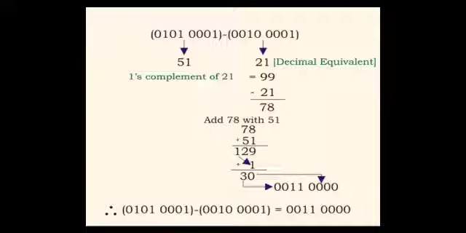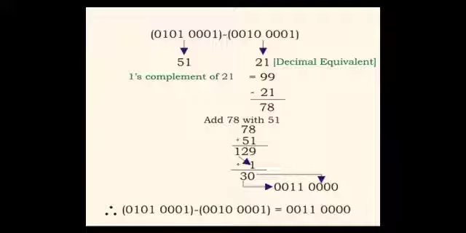29, here we replace the 1 here. So 9 plus 1 is 10, so the carry is 1, so that 1 plus 2 is 3. Finally we get the answer 30 as the decimal number.